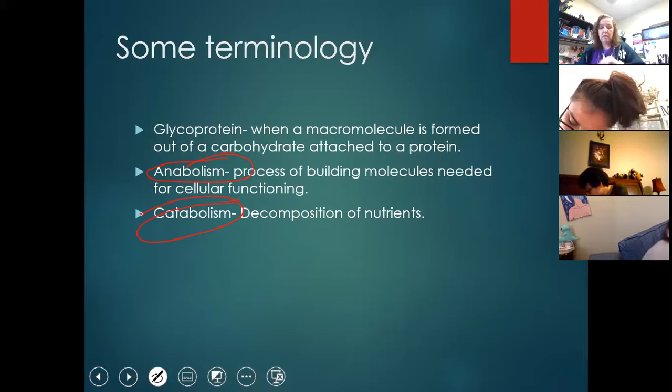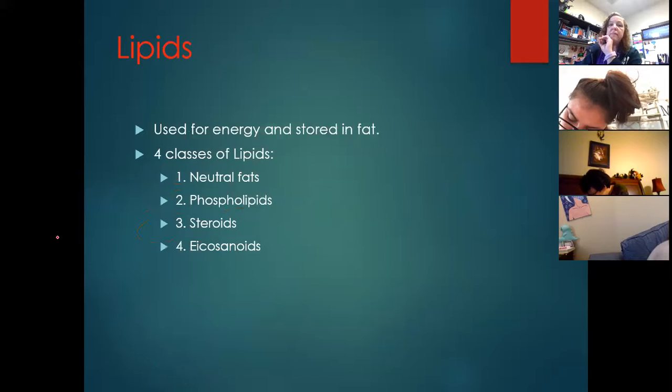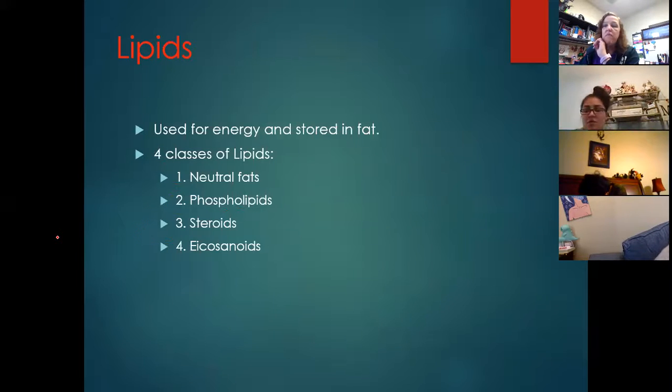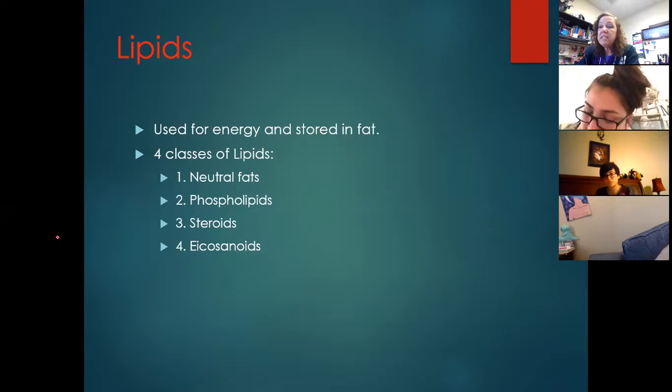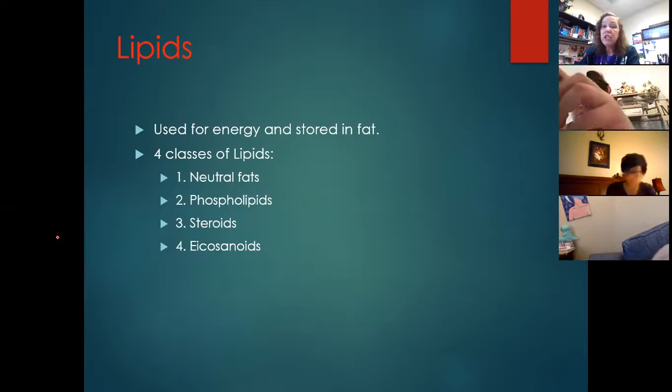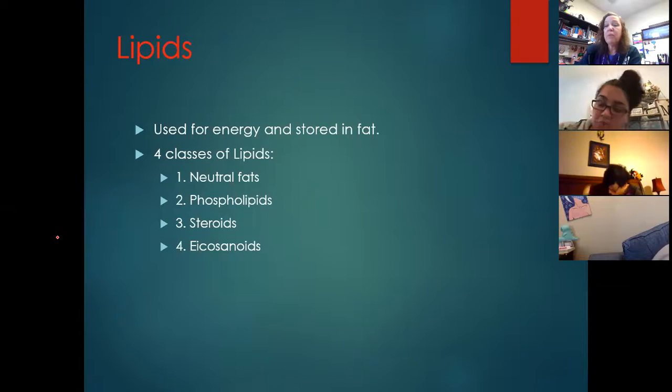All right, some fats. We have 4 different categories of fats. I'm not going to test you over these 4 categories. You don't even have to write them down. All I'm going to say is that fats are used for energy, and they're, well, not even converted. They're your storage units.